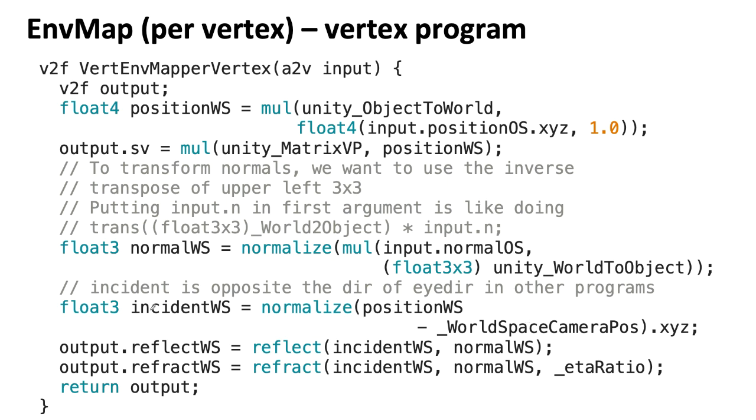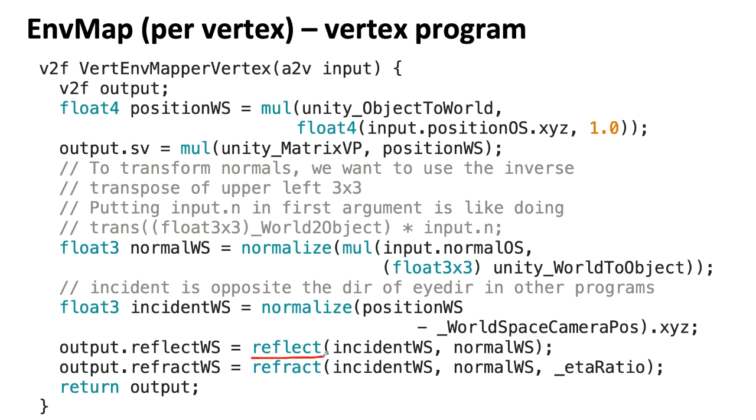We're also going to compute an incident light vector that's pointing from where the camera is to the vertex. This world space camera position variable is filled in for us by the Unity runtime. If you're writing your own custom engine, you would need to have a piece of code on the CPU side that fills this in for the GPU.